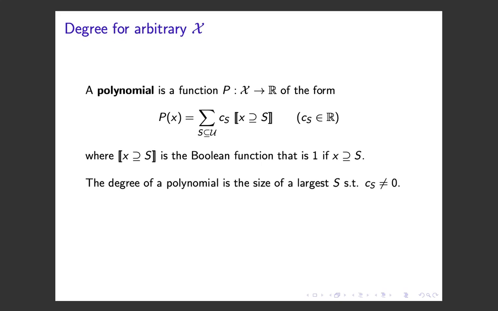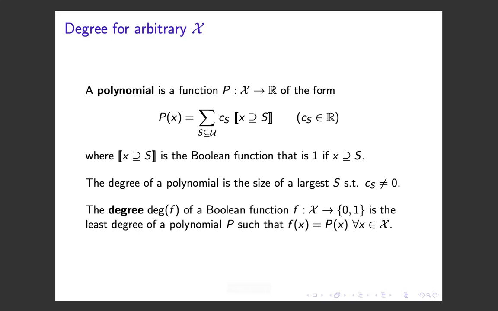So recall that these s's are subsets of our universe, and we're just looking at the largest non-zero one. Okay, and so the degree of, let's say, a Boolean function on our domain is just the least degree of a polynomial p such that f of x equals p of x for all x in our domain. So I stress that we're saying a polynomial rather than the polynomial, because for certain domains you can have many polynomials representing the same function. And so we have to be a bit careful here in our definition.